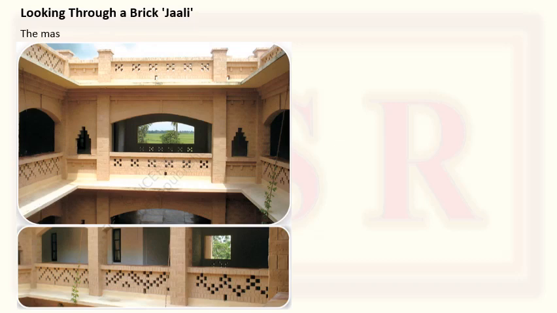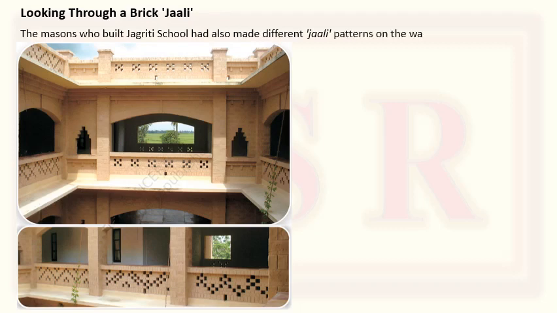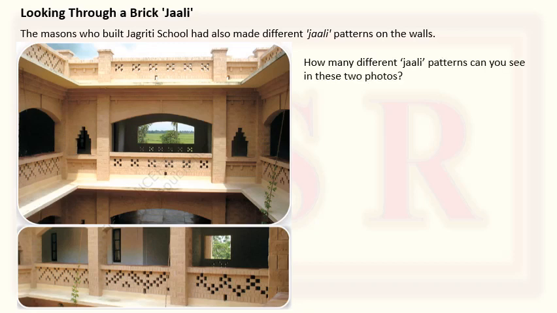Looking through a brick jali, the masons who built Jagrati school had also made different jali patterns on the walls. How many different jali patterns can you see in these two photos? Yes, guys, count please.